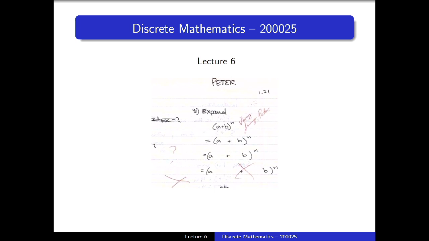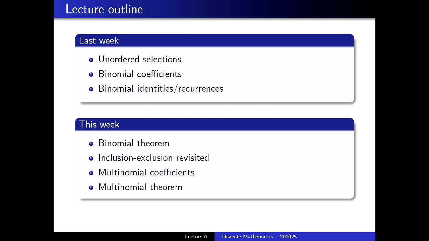So I like the little thing James has put at the start of this lecture. We are going to be looking at expanding binomials, expressions like (a plus b) to the n, but we're not going to do it in that way because that's a load of rubbish. So we're going to relook at inclusion, exclusion, we'll be seeing those binomial coefficients again.